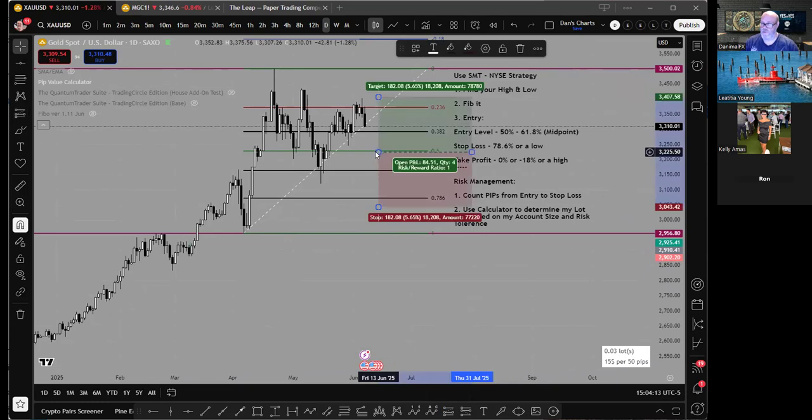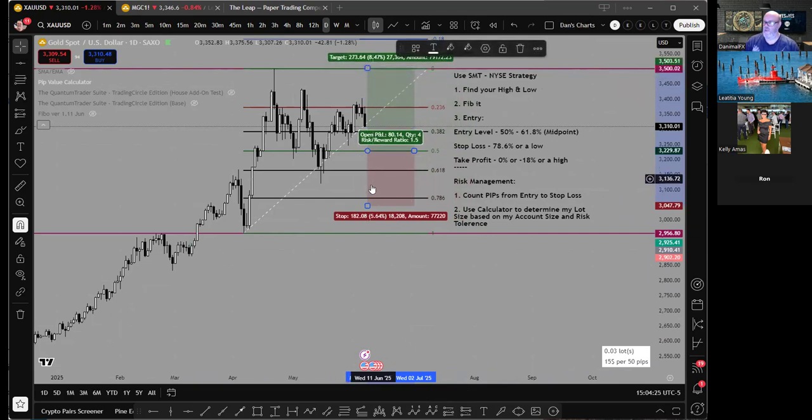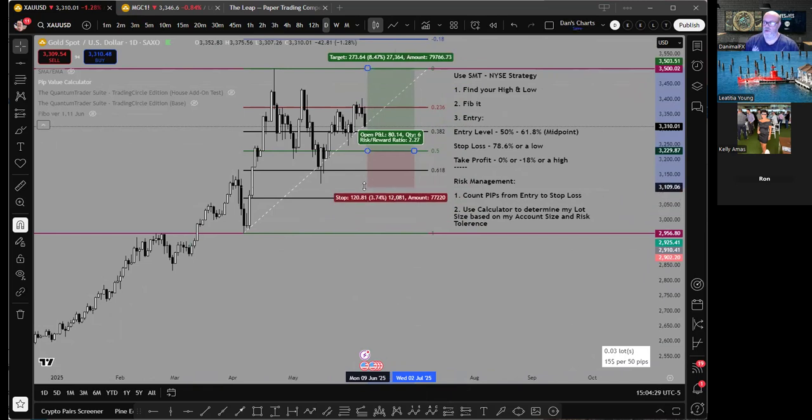We're going long because the trend is going upward. Then I'm going to duplicate this and take it up to 0 as our take profit. Our stop loss is usually at a low. We can either take this low right here, or the low down here at the full day. I'm going to utilize this low right here, just a tad bit below it.